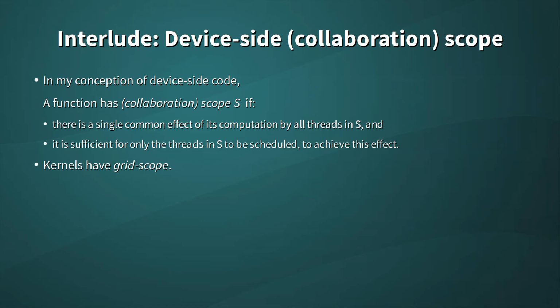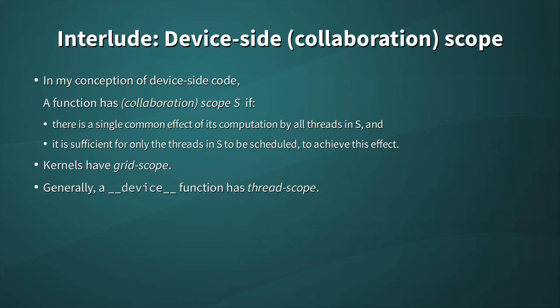So that's a trivial scope. And another trivial scope is thread scope. So if I write some device function, I can't rely on, I don't know that it involves any collaboration between the threads.